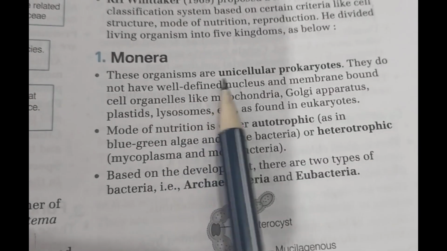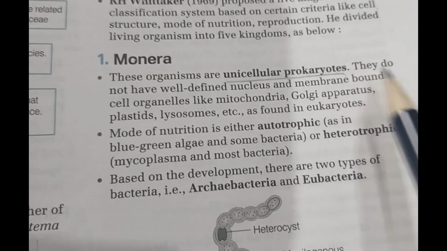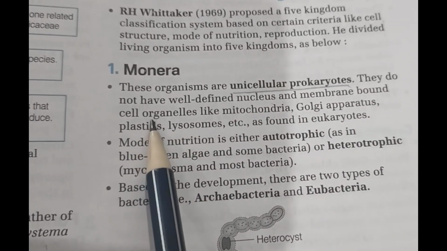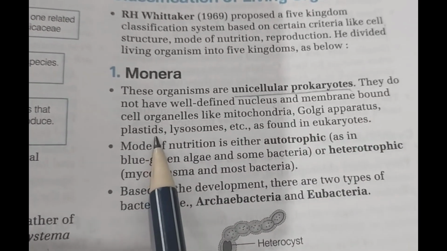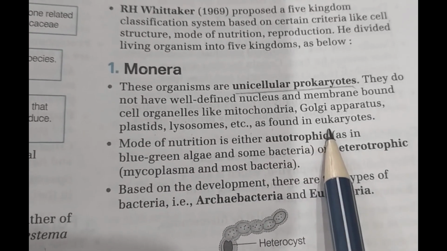These organisms are unicellular prokaryotes. They do not have a well-defined nucleus and membrane bound cell organelles like mitochondria, Golgi apparatus, plastids, lysosomes, etc. as found in eukaryotes.